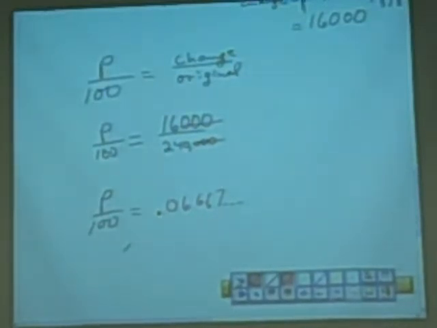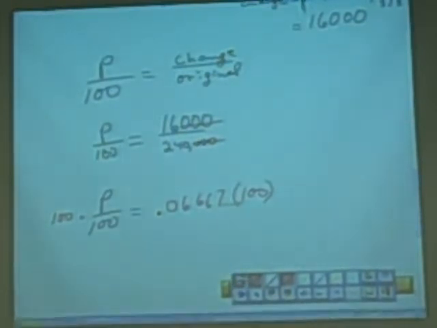But because we have that P over 100, we are automatically moving that decimal point and making it a what? 6. Yes. So what we are doing here is we are multiplying both sides times 100. And then that's when we're moving that decimal point over.